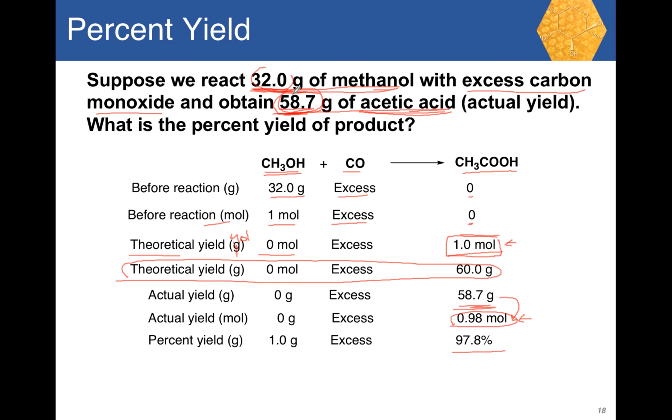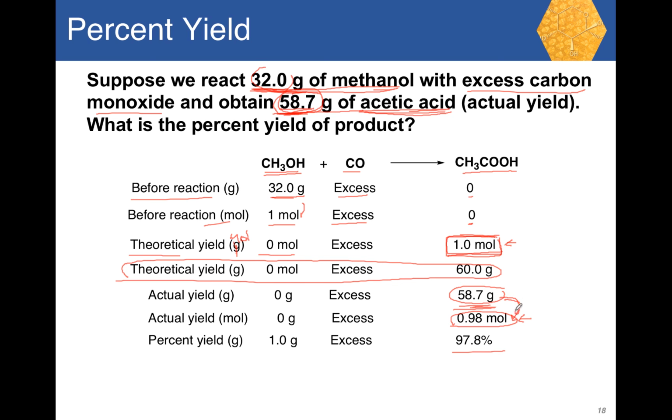What is the percent yield? Set up this table here before the reaction. You have this grams converted to moles. And over on the product side, your theoretical yield based on the stoichiometry is shown here. And then you determine your actual amount based on what's isolated.